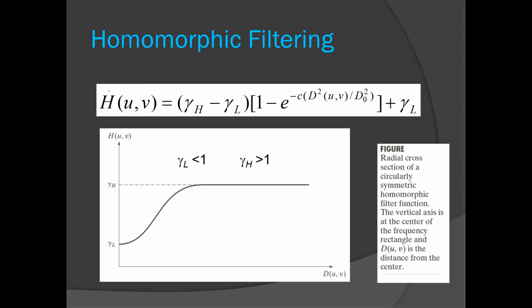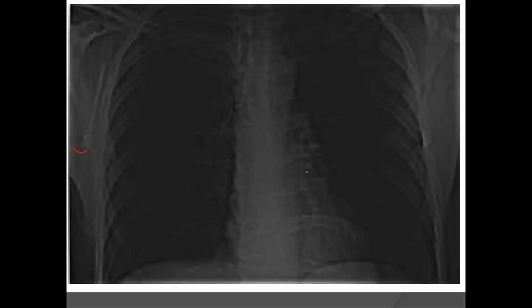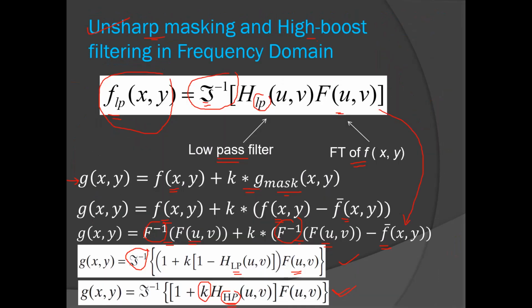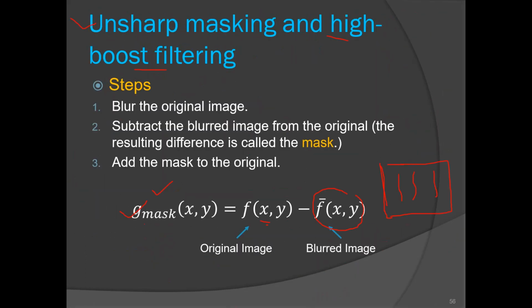Now what will be the value of h of uv? In homomorphic filtering, this h of uv is implemented using this equation. Now if you closely observe this equation, this factor looks like a Gaussian high pass filtering. So let me show you the equation of the Gaussian high pass filter.